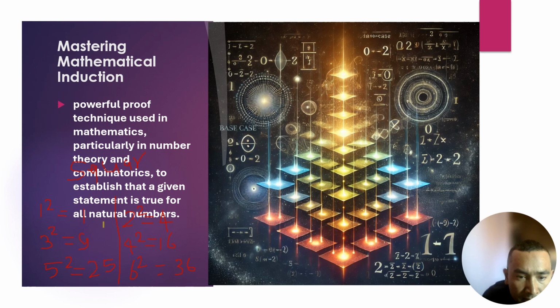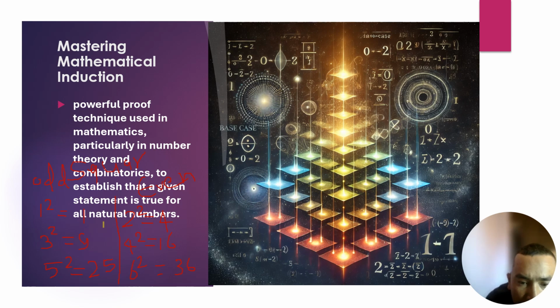We will learn that this side has odd numbers, and this side has even numbers. In this even and odd, we are just finding the result.